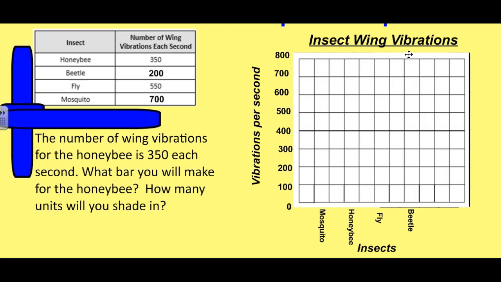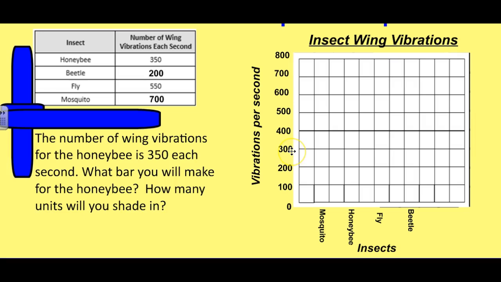So when we're making our bar for the honeybee, how are we going to make that bar since we're counting by hundreds here? Well, you know that when you come halfway between 100 and 200, you have 150. If you're going halfway between 200 and 300, you have 250.